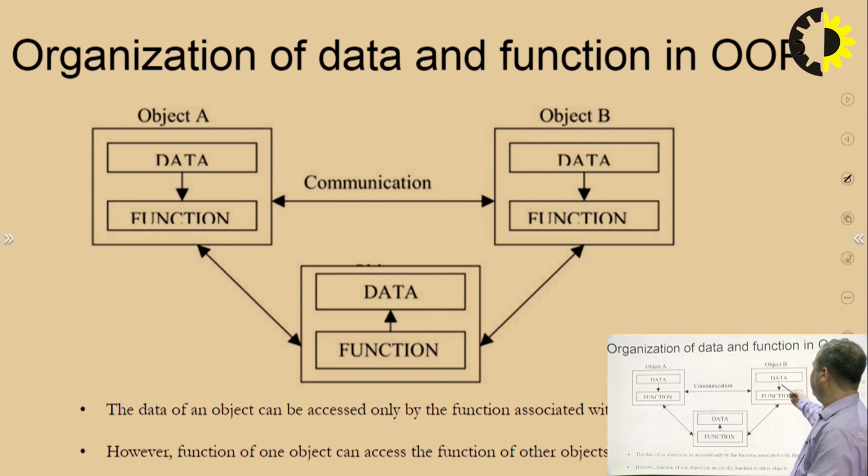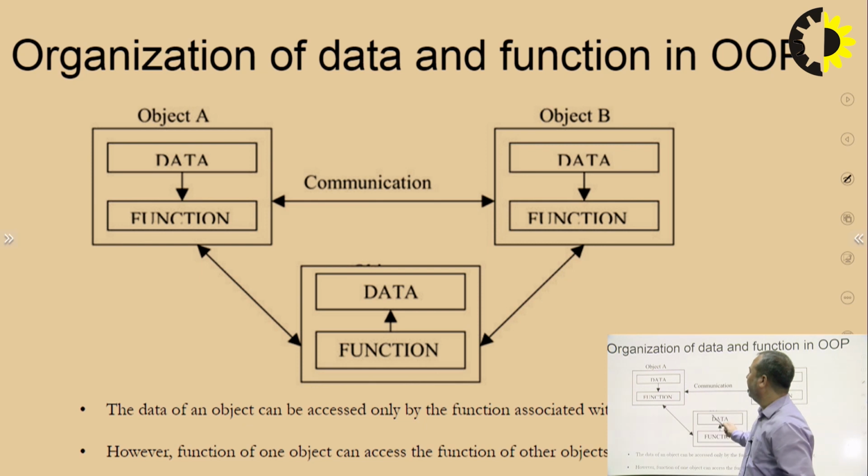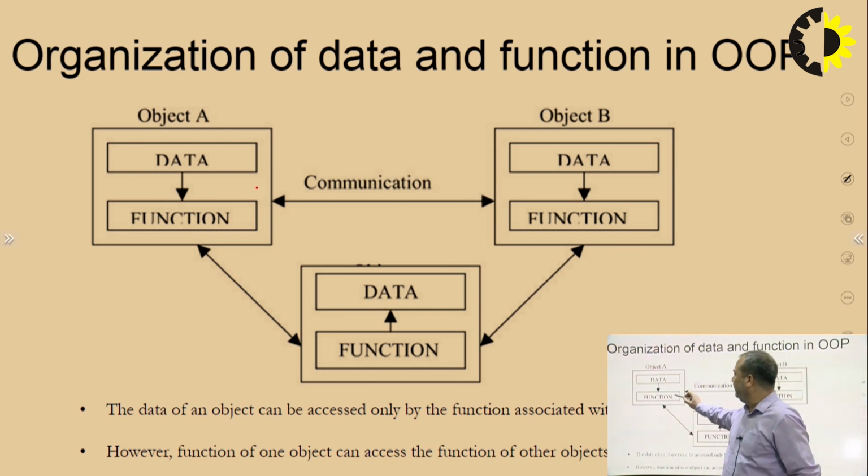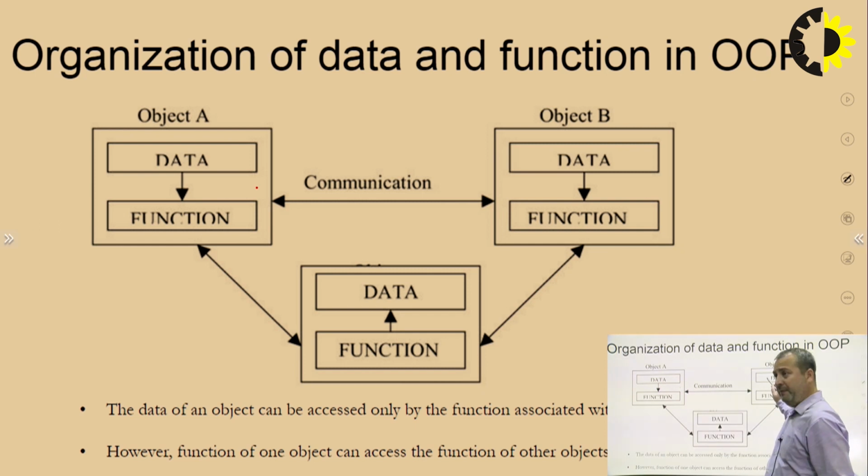Like here we can see 3 objects that are going to communicate, and every object has data and functions. Say this object A belongs to some particular class. So this function is only allowed to access this data, not by an object that belongs to some different class.